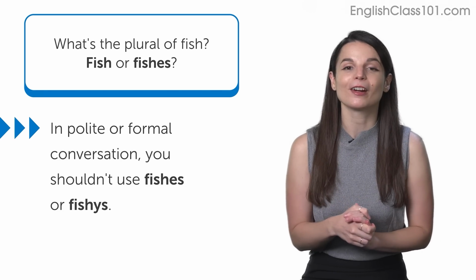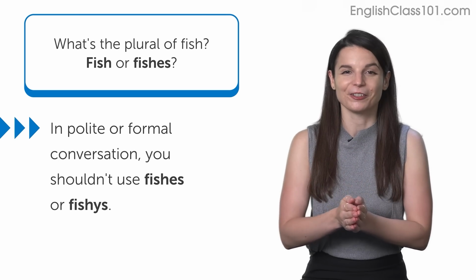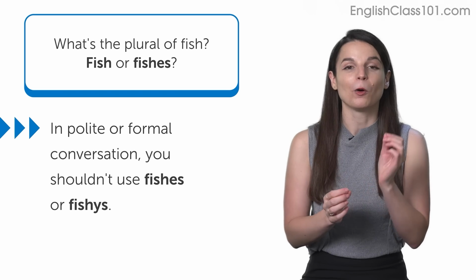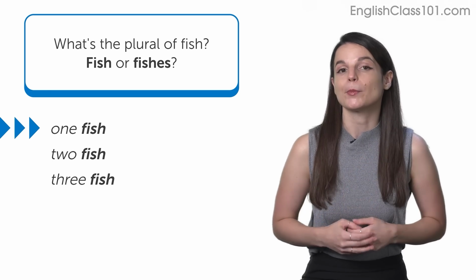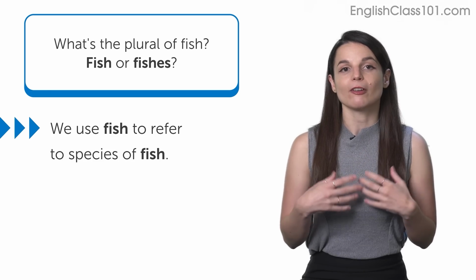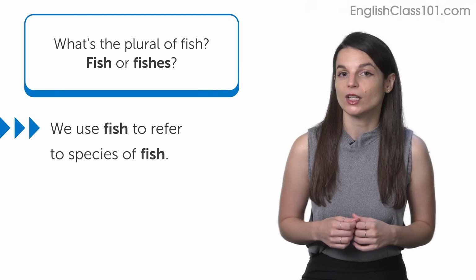If, however, you are in a polite conversation, generally we do not use fishes or fishies. We generally say one fish, two fish, three fish, and so on. There is one exception to the rule. When we use fish to refer to species of fish, like in a scientific situation.